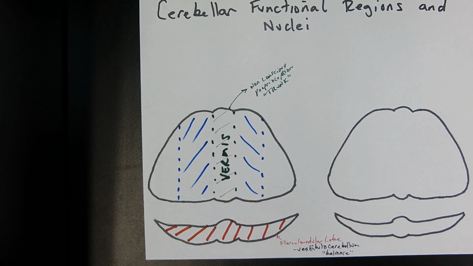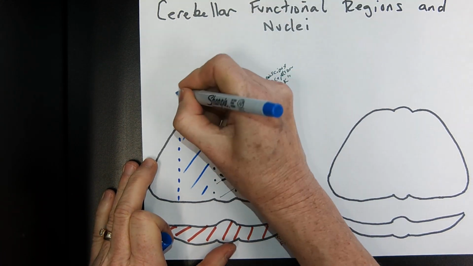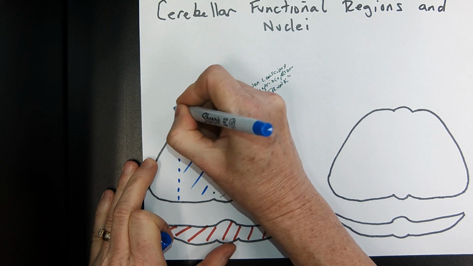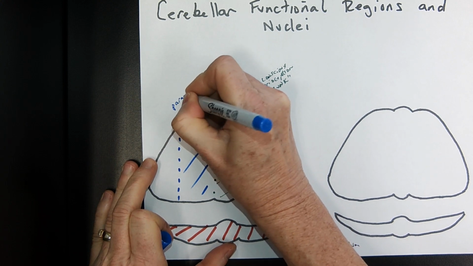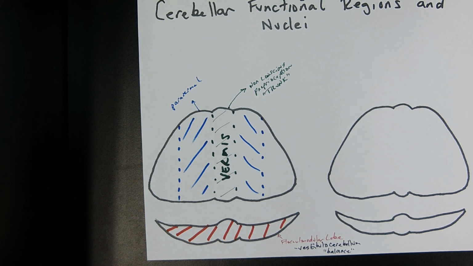This paravermal area is also associated with the dorsal and ventral spinocerebellar tracts, and it carries non-conscious proprioception.